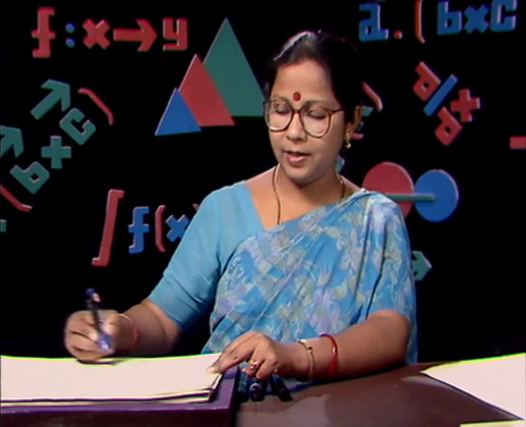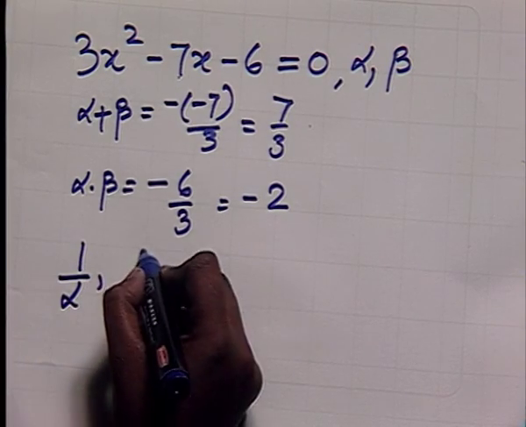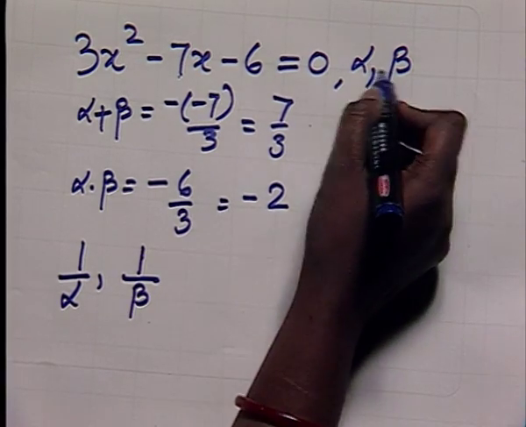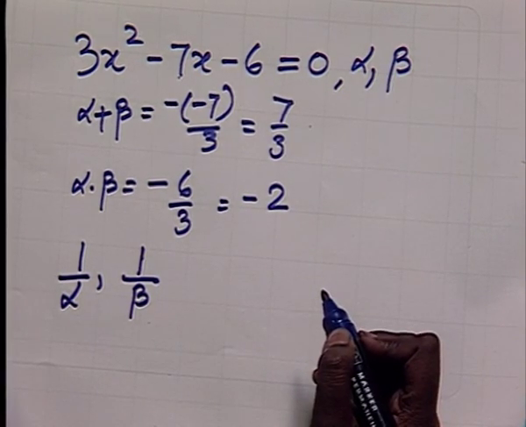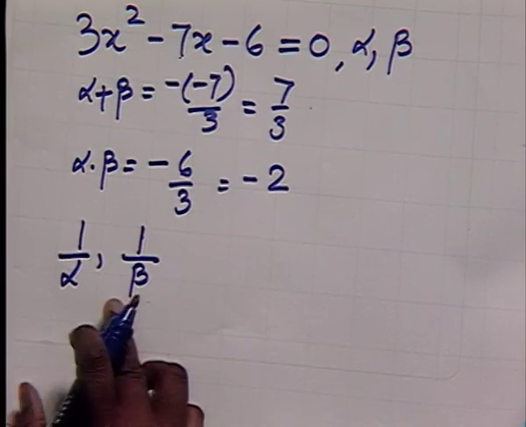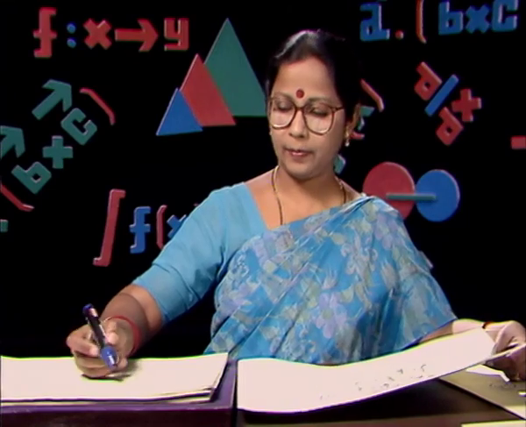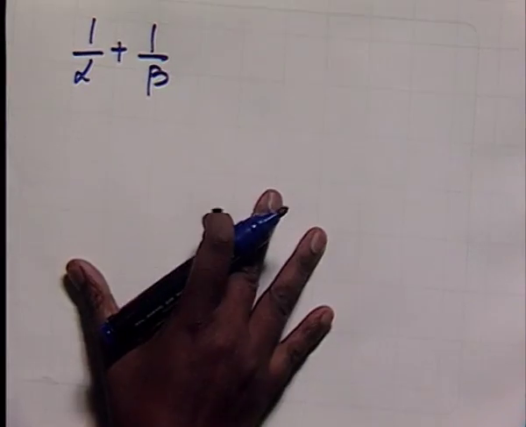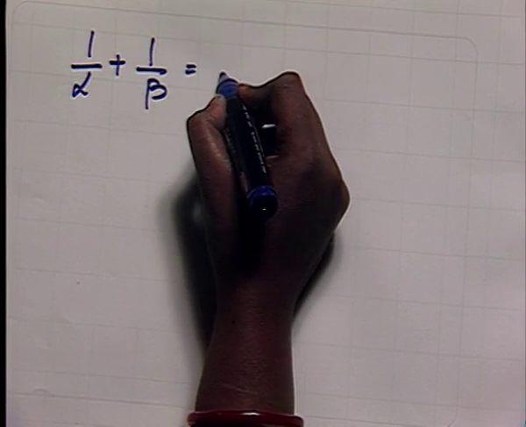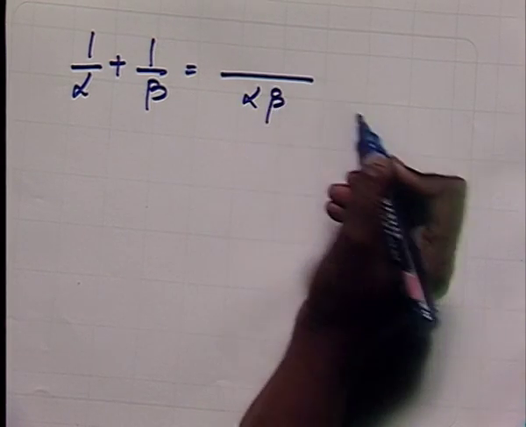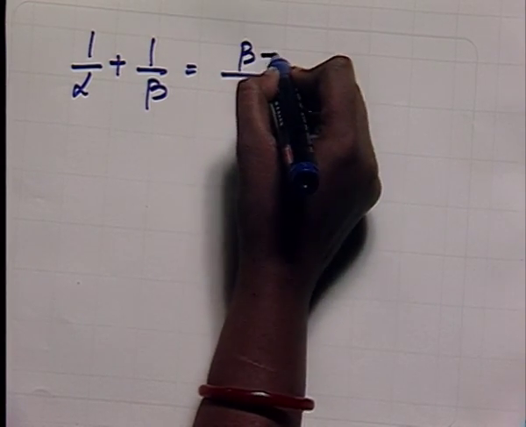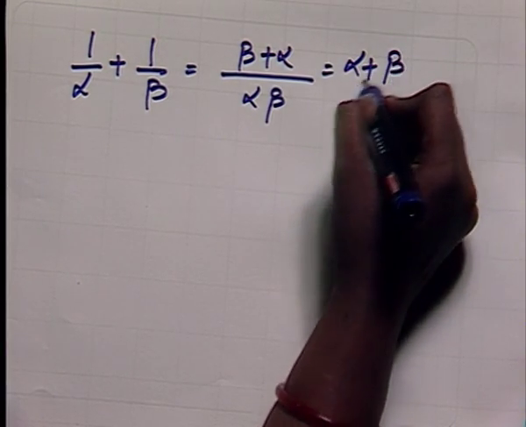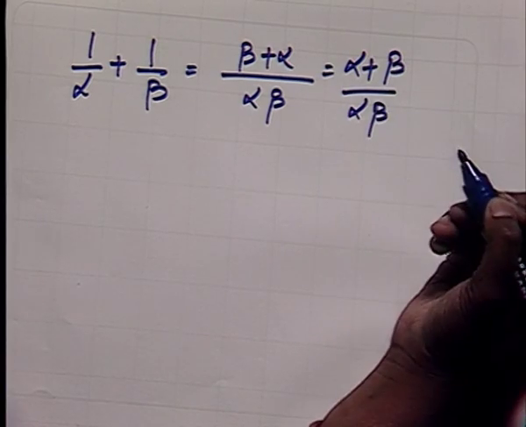Naturally, they will be 1 upon alpha and 1 upon beta, because they are reciprocal of the roots of the given equation. So, the sum of the roots of the required equation in this case will be 1 upon alpha plus 1 upon beta, that is equal to, taking LCM alpha into beta, beta plus alpha, or it can also be written as alpha plus beta upon alpha beta.